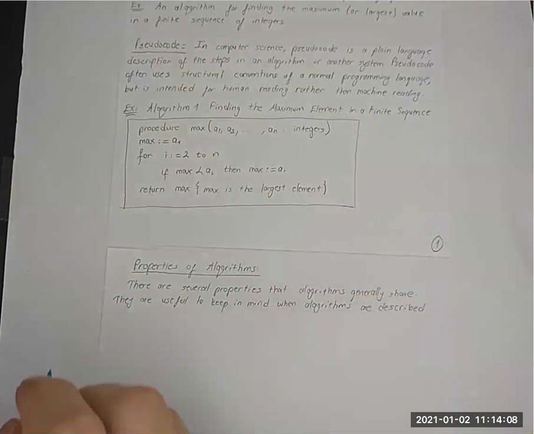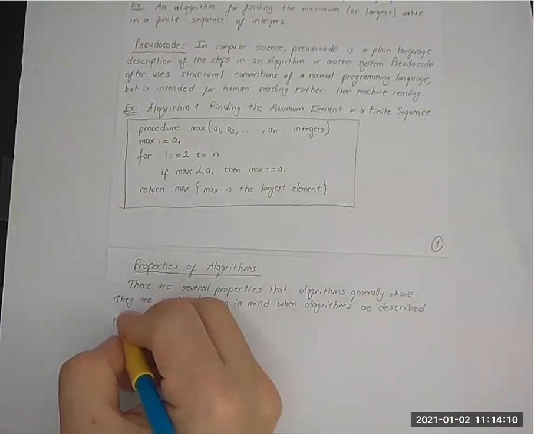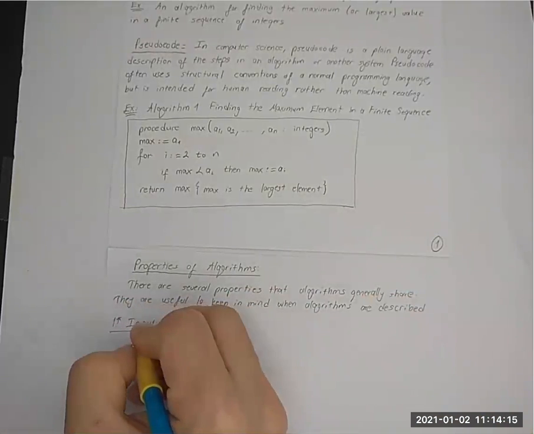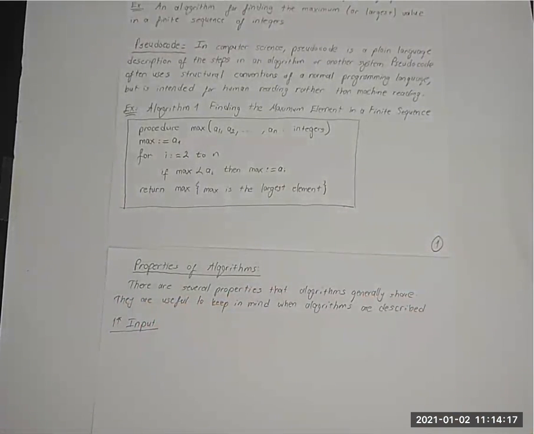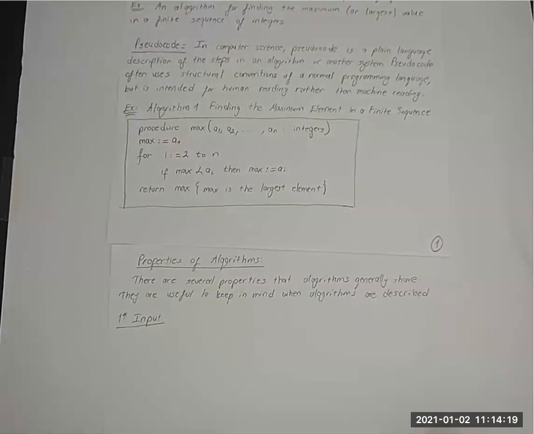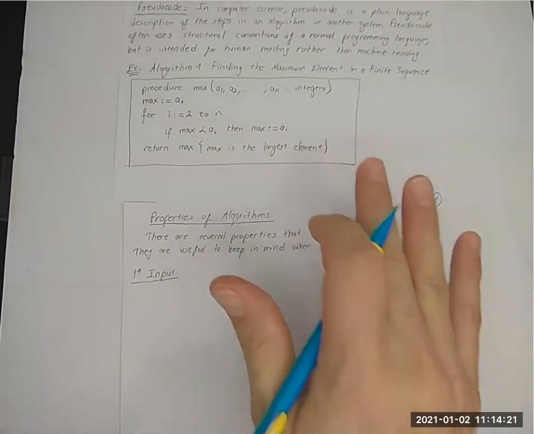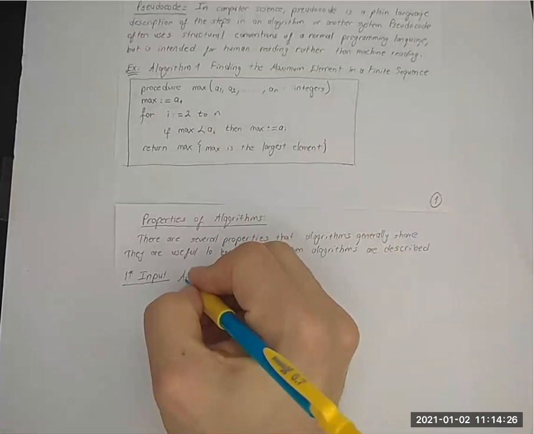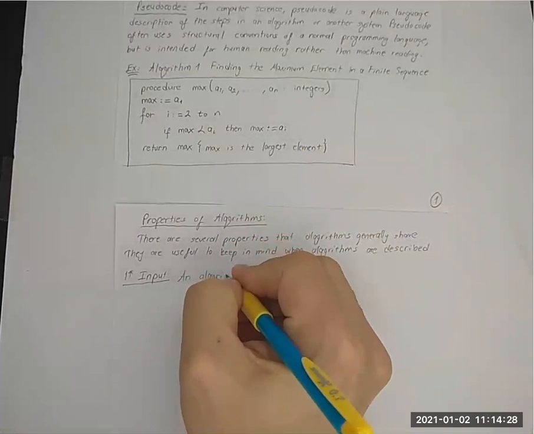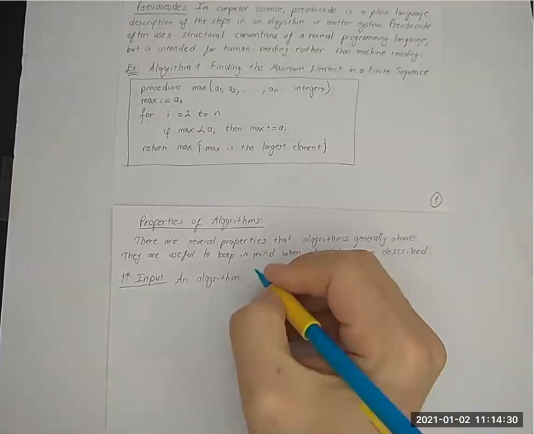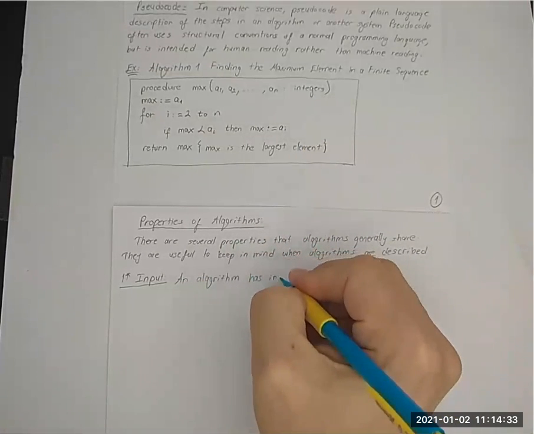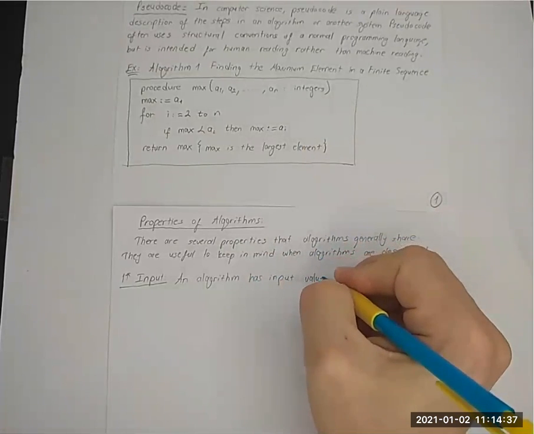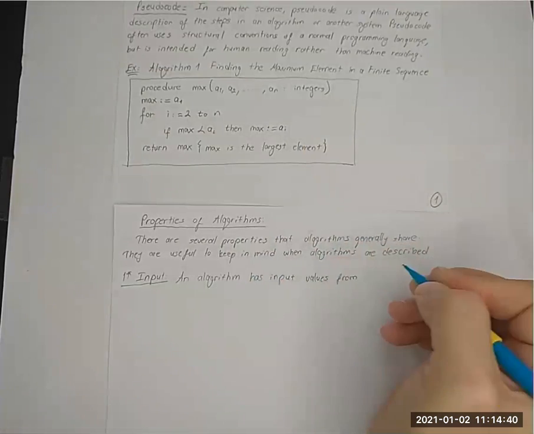So what are those? As the first one, input. Algorithm properties, first one is input. An algorithm has input values from a specified set.